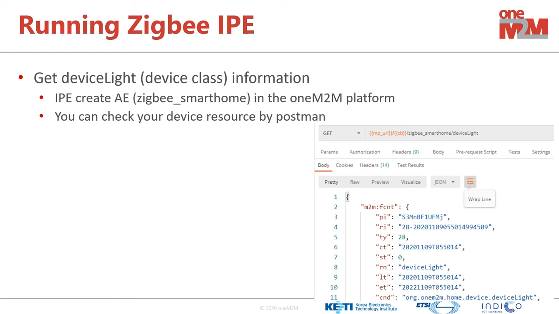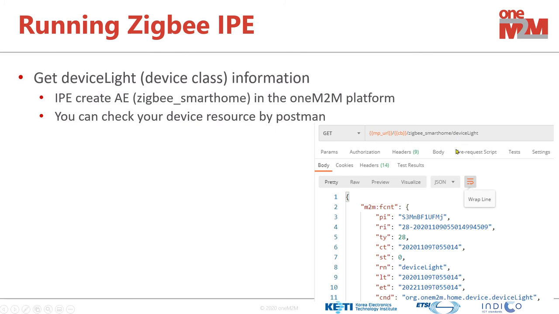Once you run the Zigbee IPE, you can check the resources by Postman, for example. The IPE itself created the AE resource for itself, and under the AE, as we saw from the resource tree before, there will be the flex containers representing different devices like the door or the temperature sensor.